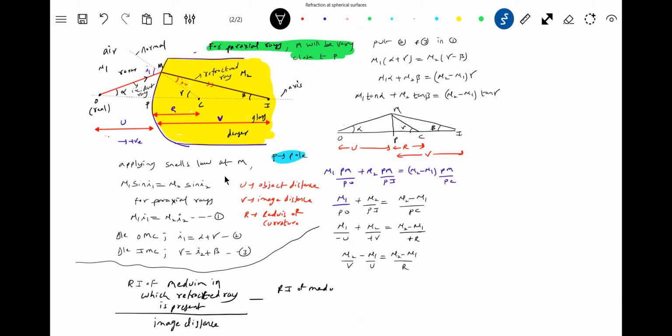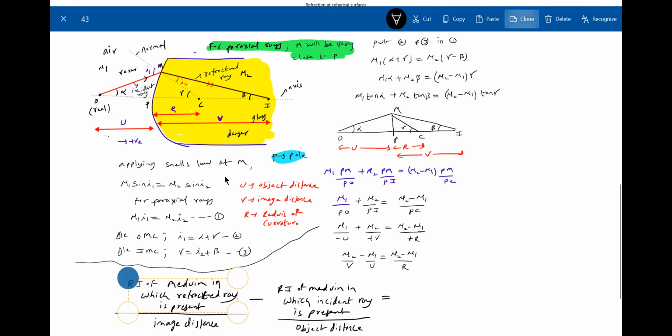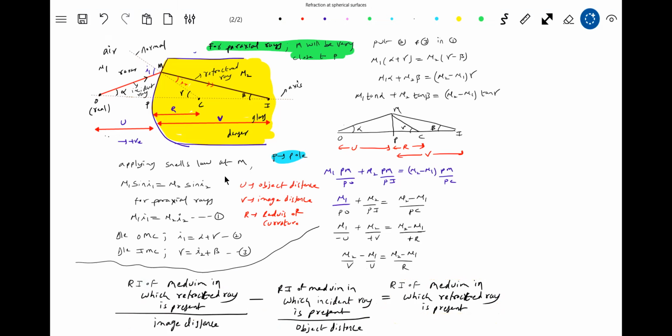Refractive index of the medium in which the incident ray is present. As usual, this is the interpretation of that formula.